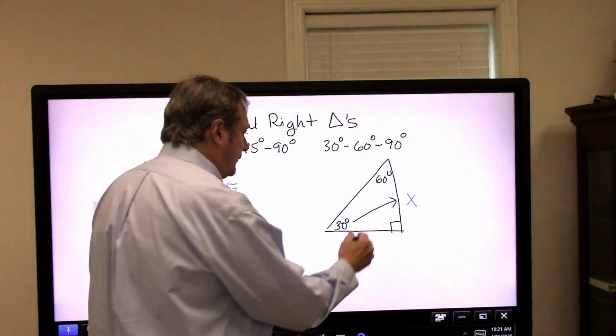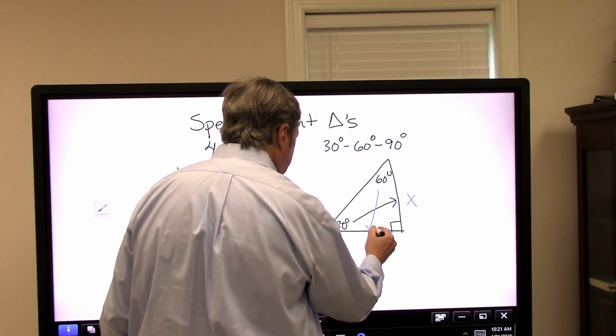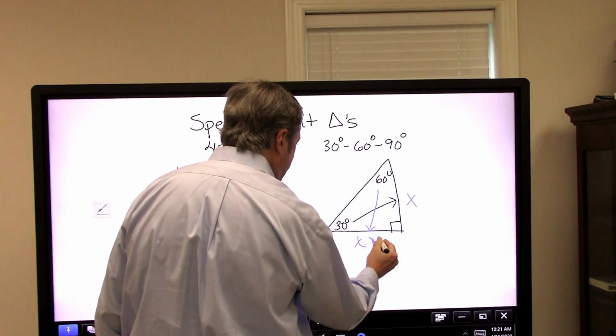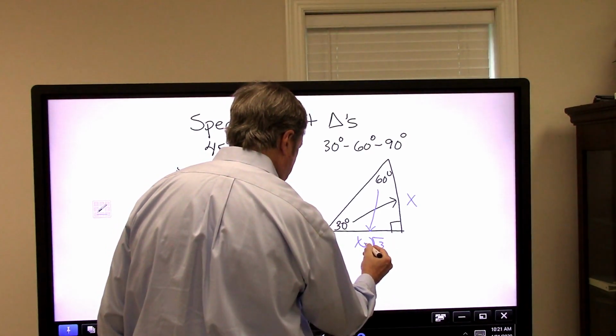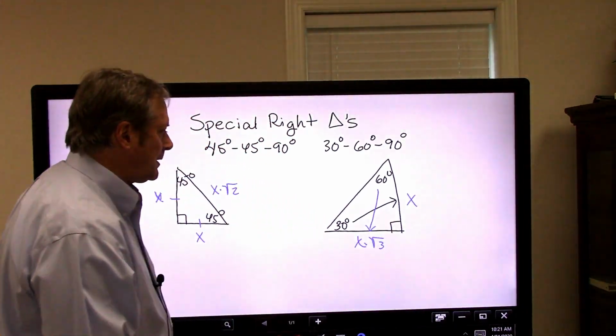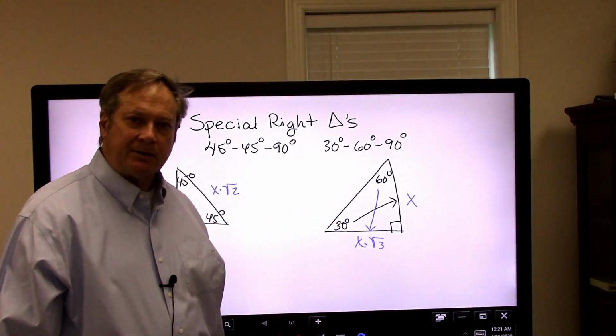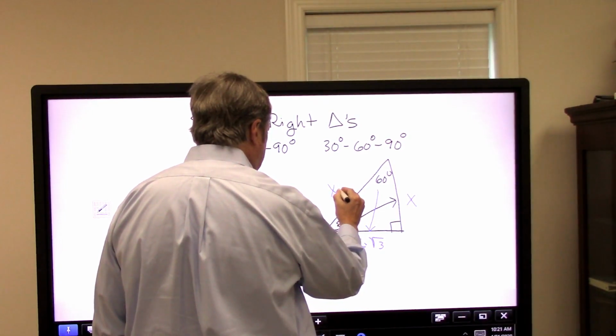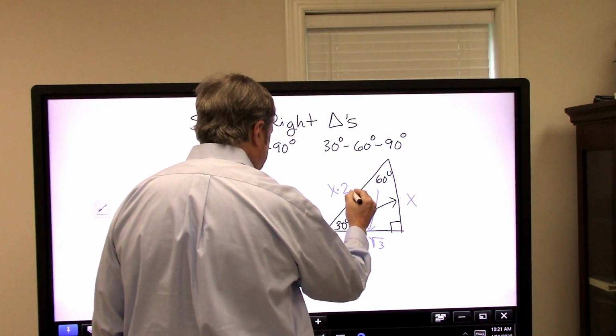The side across from the 60-degree angle is going to be that length times the square root of 3. And then the side across from the 90, or in other words, the hypotenuse, is going to be that length times the number 2.